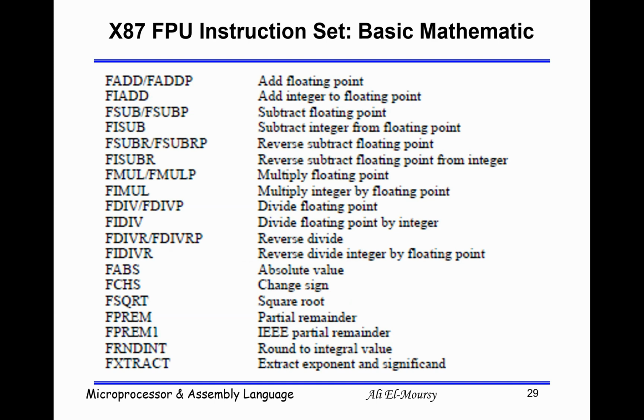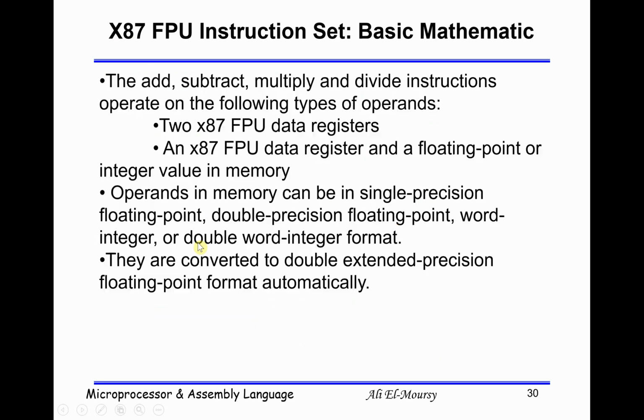Slide 29 shows a list of the different instructions performed in the x87. As you can see, all instructions start with the letter F to indicate that those are floating point instructions. So the add, subtract, multiply, and divide instructions operate in the following types of operations.